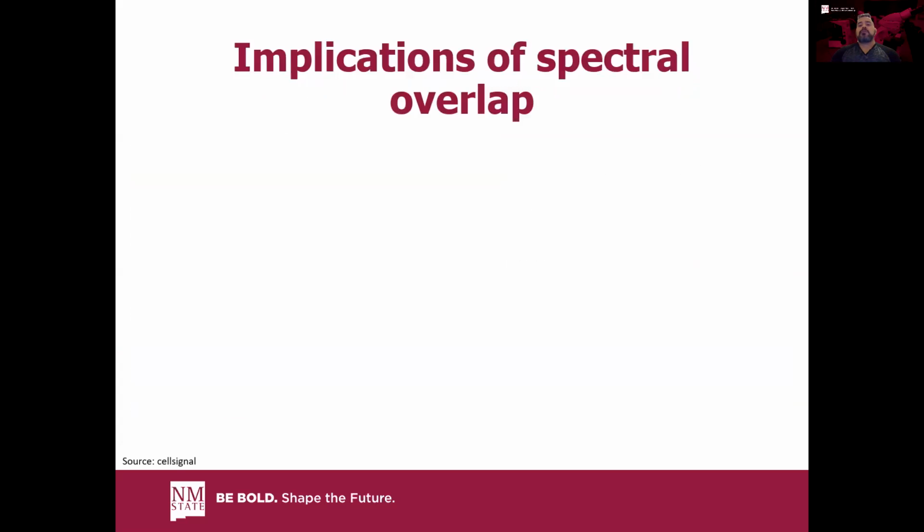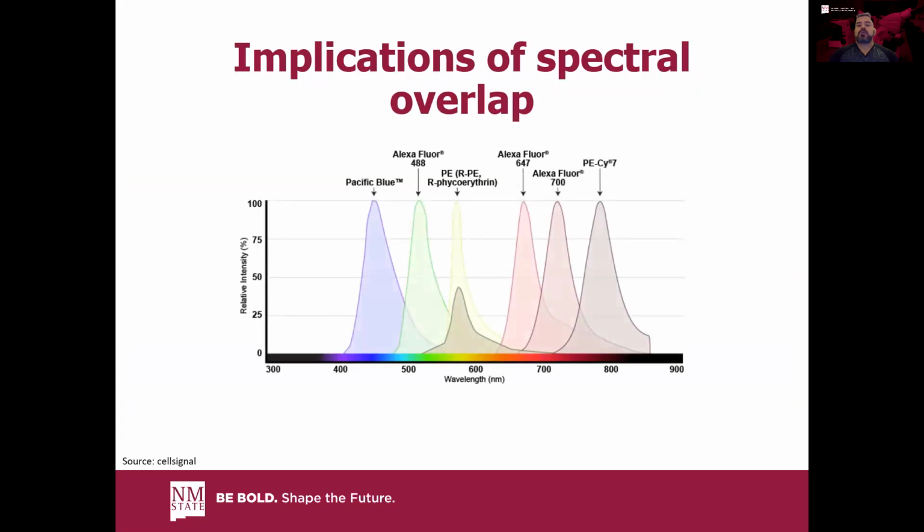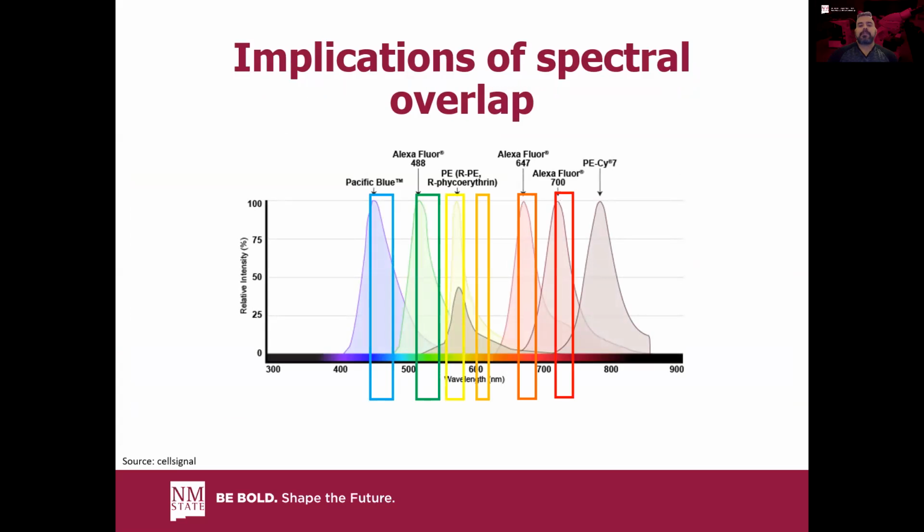Now, when I refer to fluorescence being measured in arbitrary units, this is actually where one of the issues we see arises from, and that's spectral overlap. So if I have a 7-color system and I apply 7 bandpass filters, draw your attention to Fluor 488's bandpass region, you see that Pacific Blue and phycoerythrin are intruding on that.